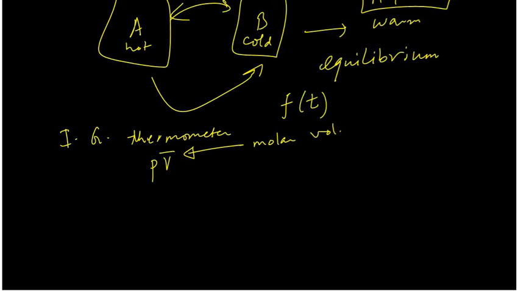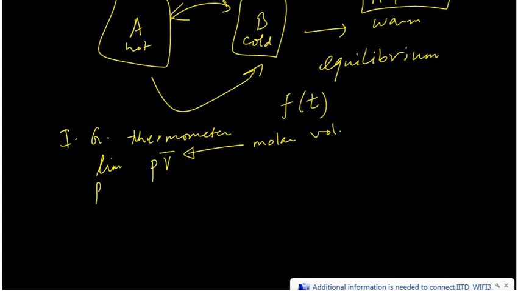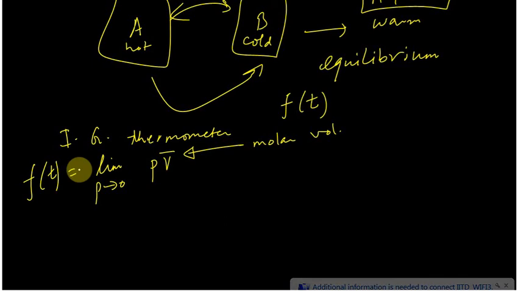So it's essentially valid for very dilute gases. So I have a very small pressure, the limit of P approaching 0. This is my function, and this function changes as the temperature changes.